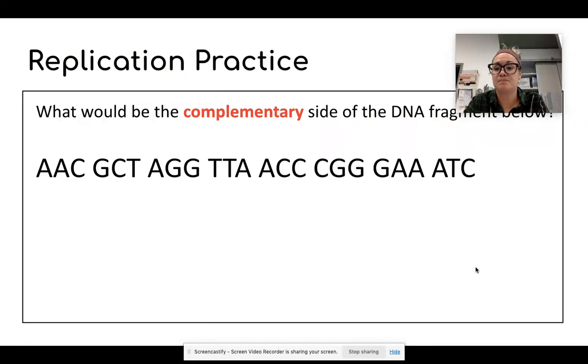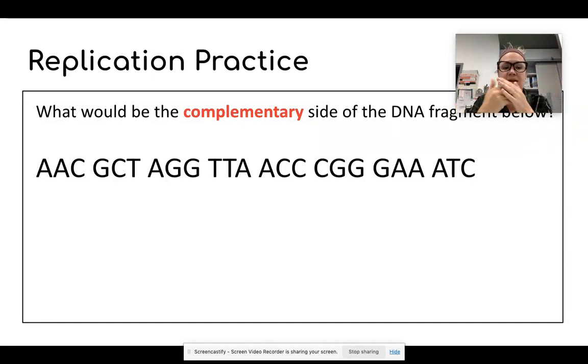All right, so we're going to practice a little bit. You can see that these are kind of set up in threes, and we're going to talk about why it happens in threes. We're just starting with replication. This would not be a very long strand, but we are really just going to look at what would be the complementary side of this little DNA fragment.